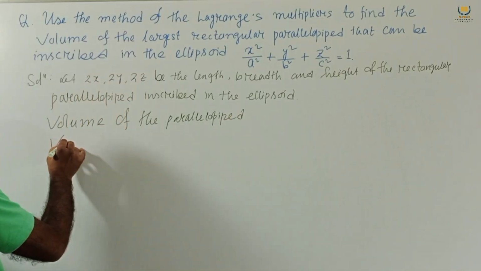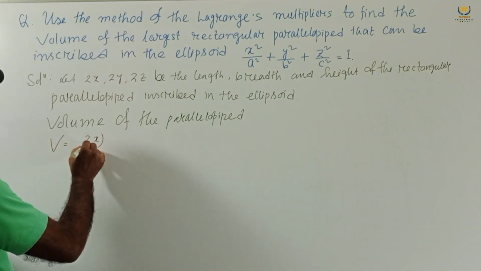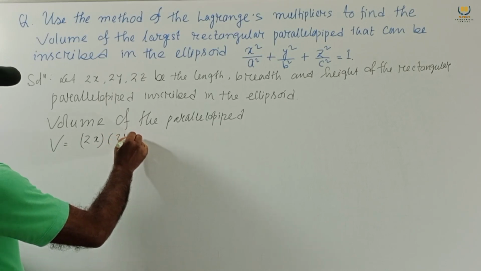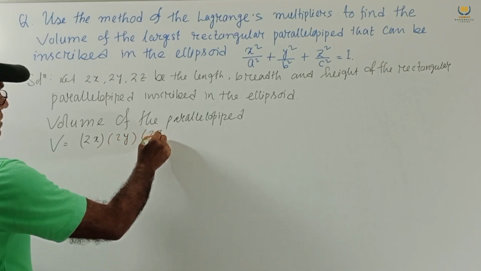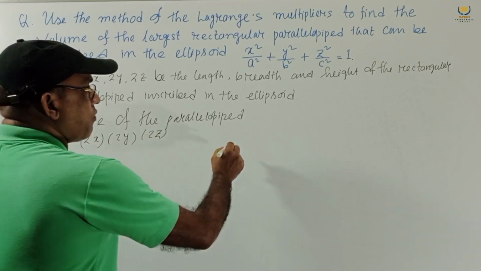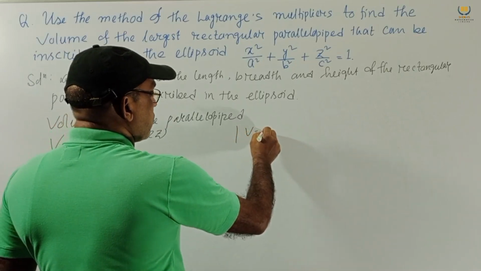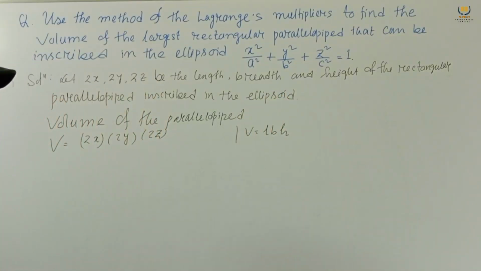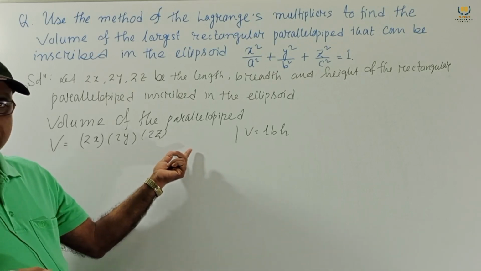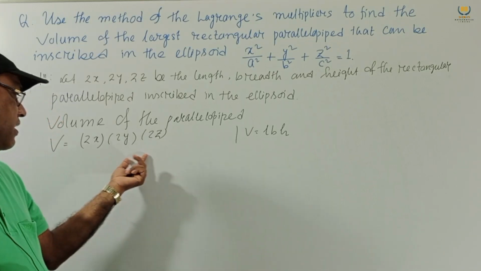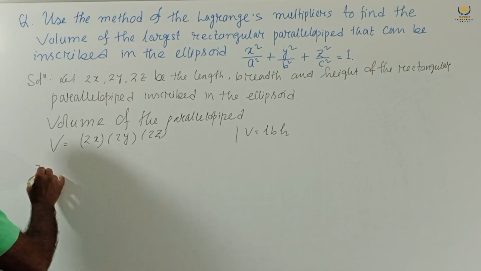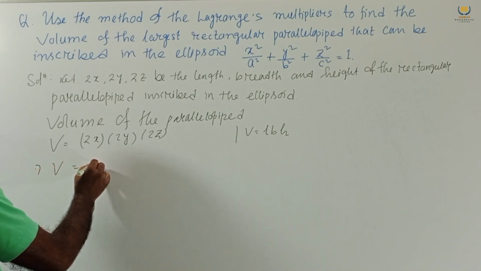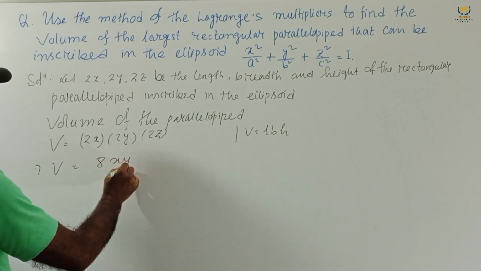V equal to 2x, 2y, 2z, because the volume formula we know V equal to LBH, length, breadth, height. Length is 2x, breadth 2y, height is 2z. So V equal to 8xyz.